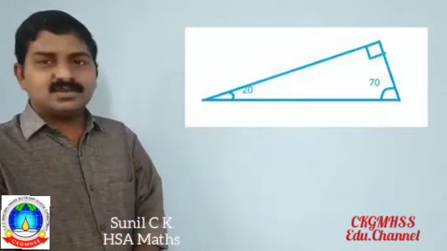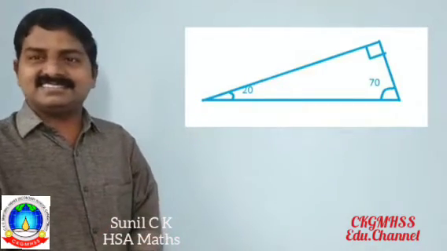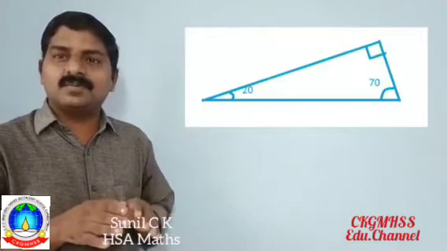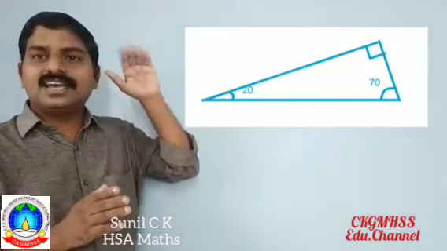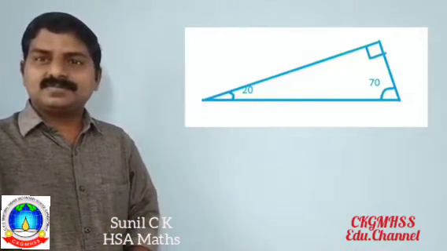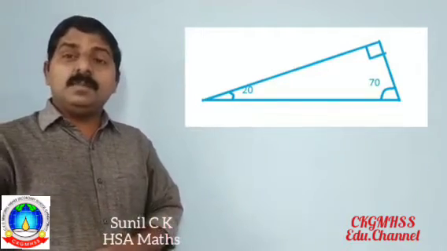You see the figure, 20 degrees and 70 degrees. 20 plus 70 becomes 90. Therefore, the third angle becomes 90. So we can take many pairs of angles, with the condition that the sum of these angles equals 90 degrees.